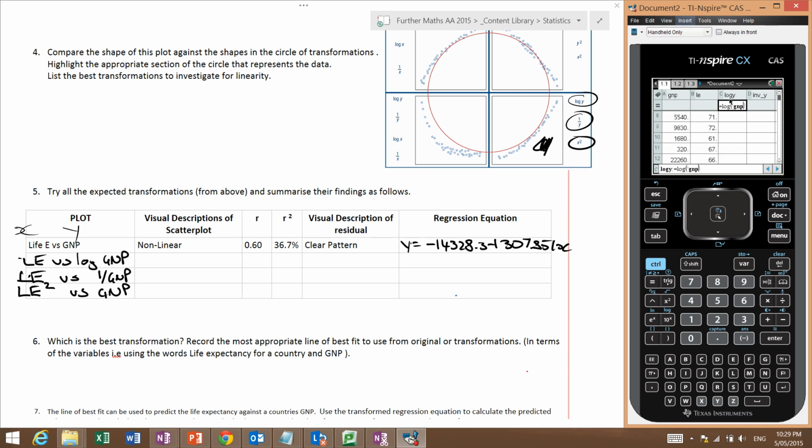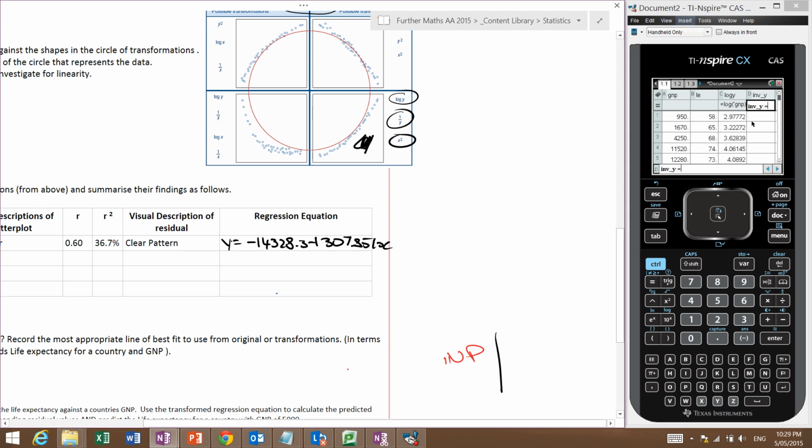So that's GNP. I'm going to close the brackets, press enter, and there are my values. Let's look at the next one. We're going to go equals. In this case, we want to do the inverse. What does inverse mean? Inverse means 1 over. So it's going to be 1 over GNP. Okay, that's what we're talking about.